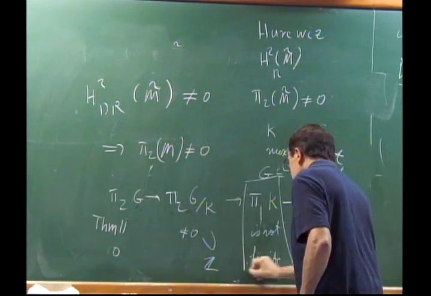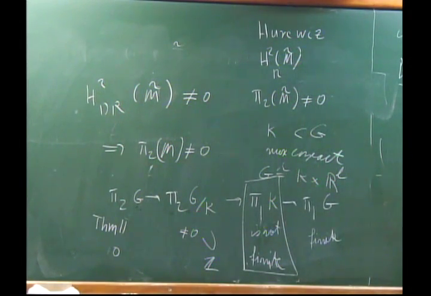Pi 1 of K is not finite. But if K was a compact semisimple Lie group, pi 1 would be finite. Therefore, it cannot be semisimple. That's the proof of this.